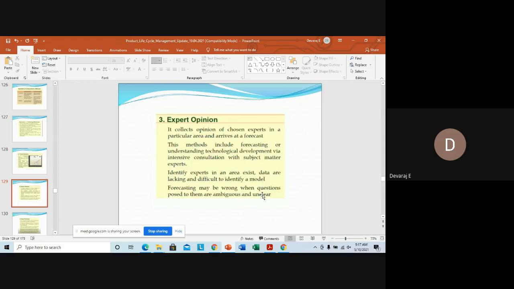If you are getting a problem while manufacturing the product, and the problem statement given by the company is wrong or unclear, whatever solution is given by the expert will not be satisfactory, or will not be a good solution for that problem. So this is the last point: always be clear.